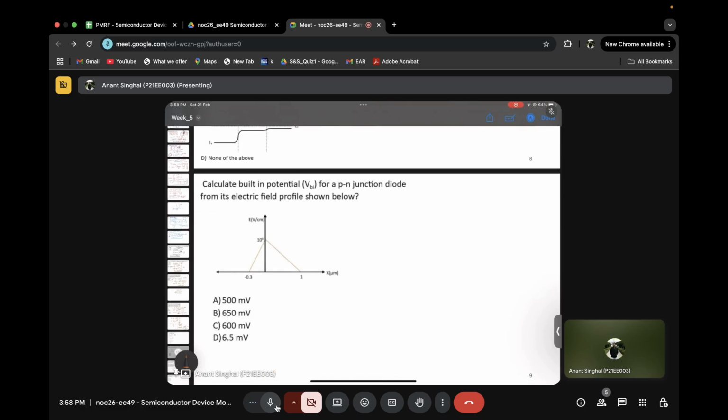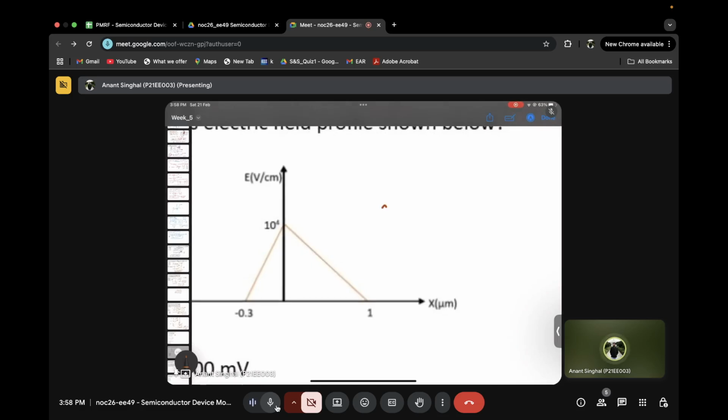Okay. So now the next problem is to calculate the built-in potential for the PN junction diode, and the electric field is already given. So how to calculate the potential? It is nothing but the area under the curve, right? Because the electric field curve is given, so it is the integral of E dx.